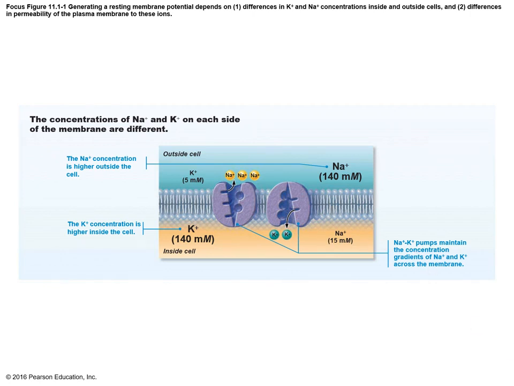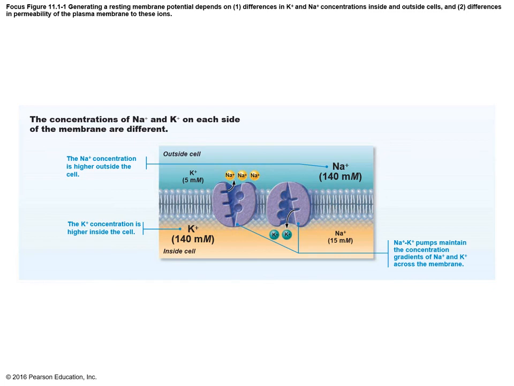And I cannot stress to you enough the importance of this. It is maintaining that concentration gradient of keeping more sodium out and more potassium in. You cannot allow it to reach equilibrium. If it reaches equilibrium on both sides of the cell, when you open up one of those ion gates, you're not going to have an influx or efflux. You're not going to have movement in or out because it's balanced.